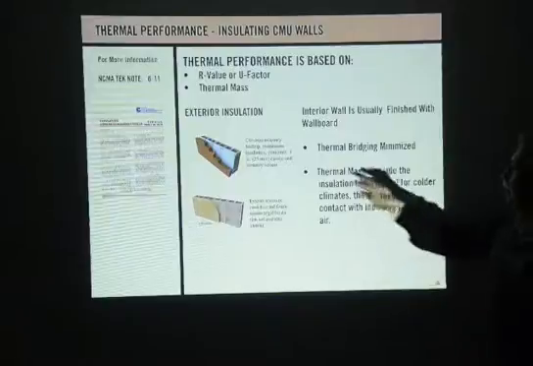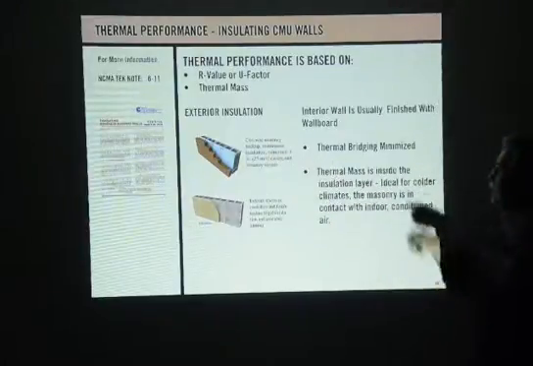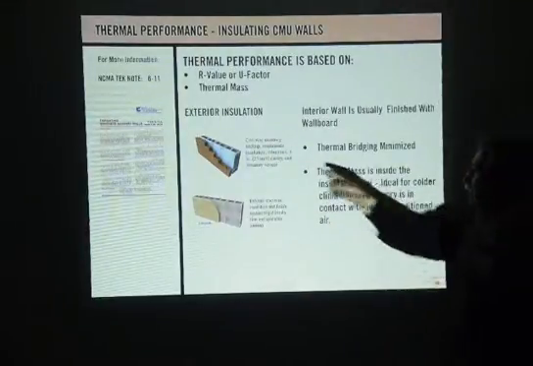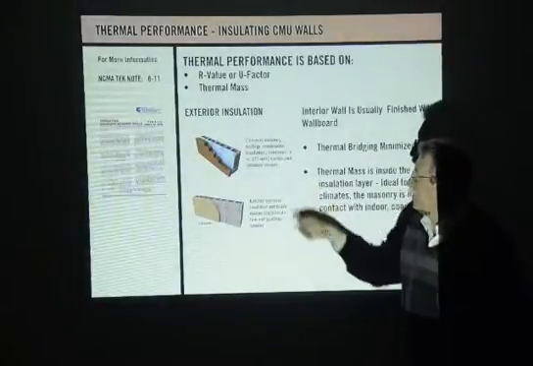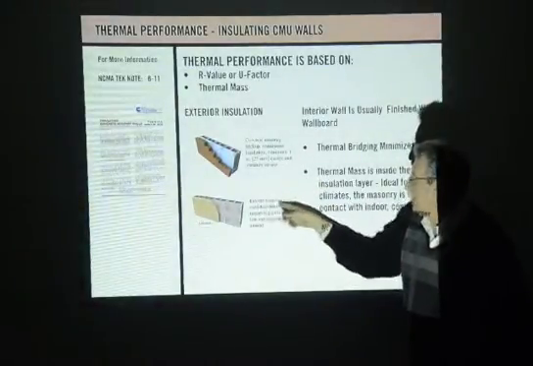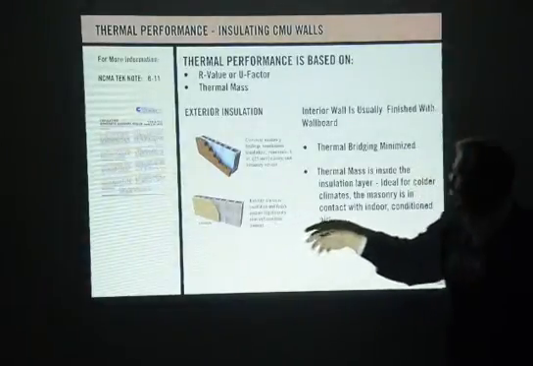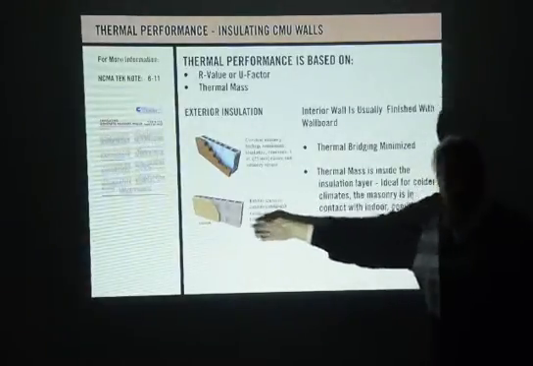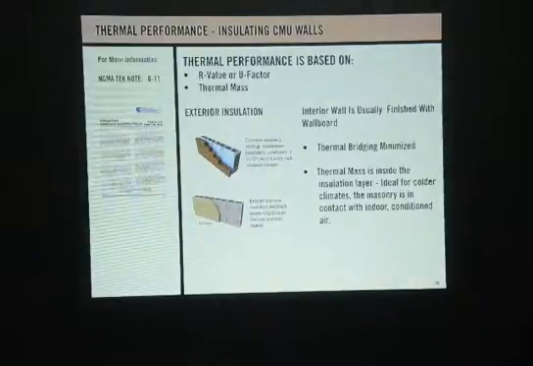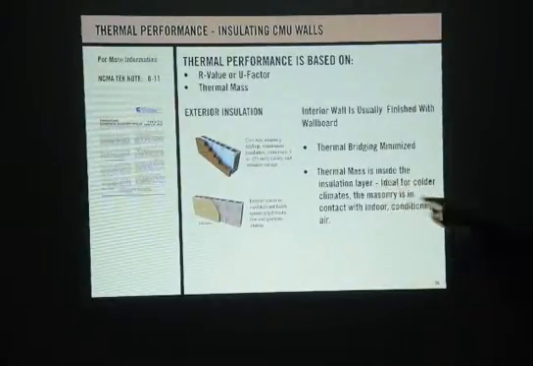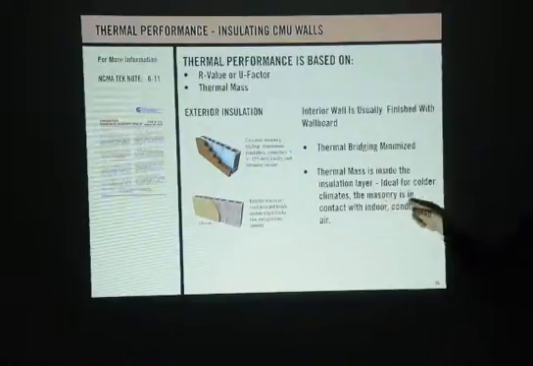And the concrete masonry backup is continuous. And in some cases, veneers are going to be used. Exterior stucco or insulation systems and synthetic stucco have different requirements than we do because they have a synthetic finish. Thermal mass is inside the insulation there, ideal for colder climates. The masonry is in contact with indoor and air conditioning.